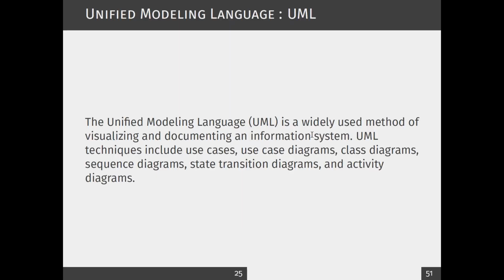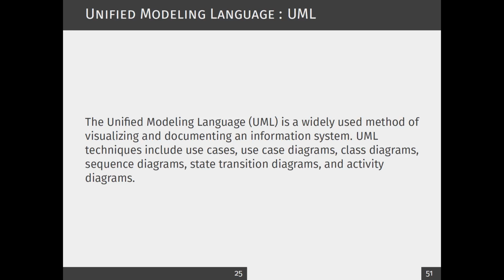Right. Now, formally, when we want to represent this object-oriented diagram, UML is the tool that we have used, which is a very popular diagramming tool used for documenting information systems, right?